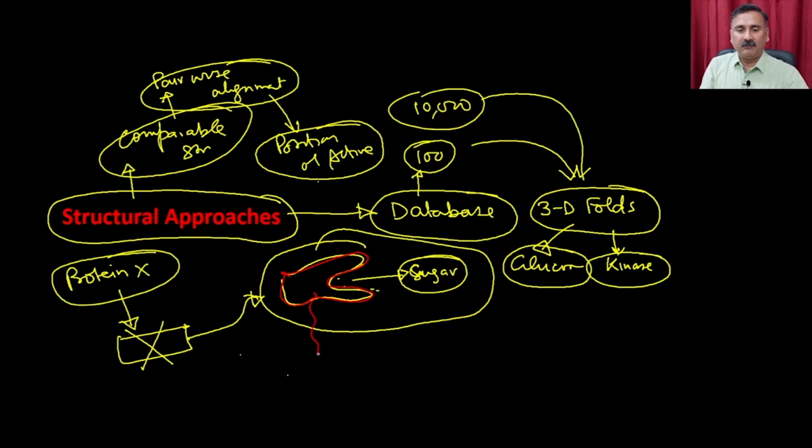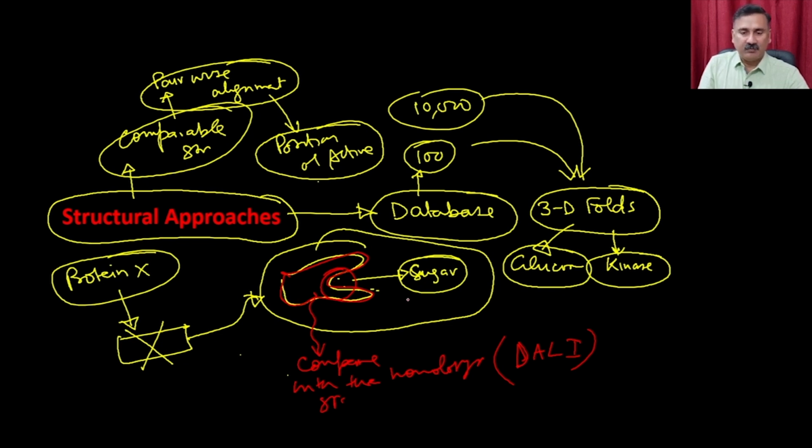Then you can compare this three-dimensional structure with homologous structures. You can use a server called the DALI server, and that is going to tell you that there is a cavity here. This cavity is going to bind the glucose molecule, and using that you can define the active site.